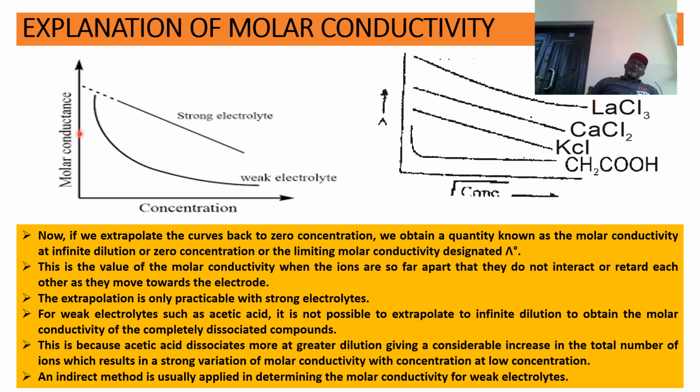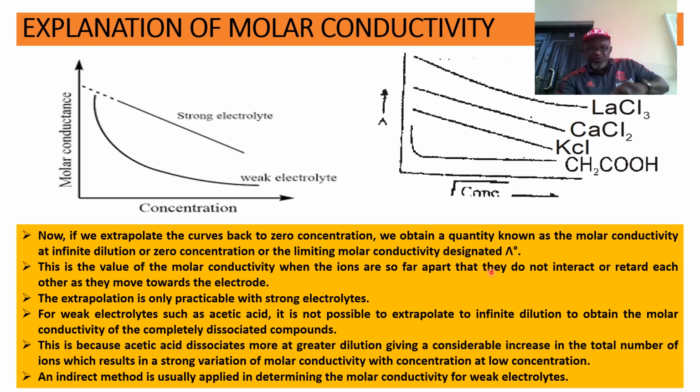You have gone to almost zero concentration. That is infinite dilution. So when we extrapolate this, like I said, we get the molar conductivity at infinite dilution or zero concentration, which is also called limiting molar conductivity.